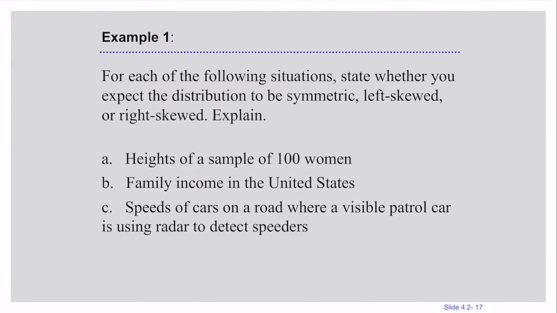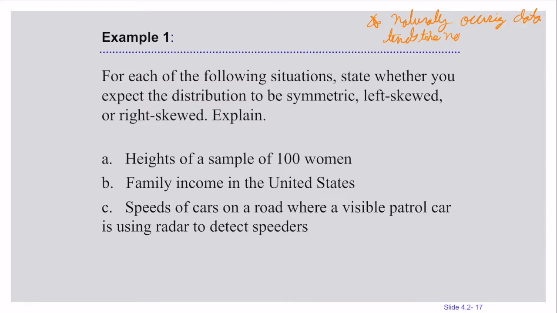So for each of the following situations, state whether you expect the distribution to be symmetric, left skewed, or right skewed. One thing I want to say first is that naturally occurring data tends to be normal.